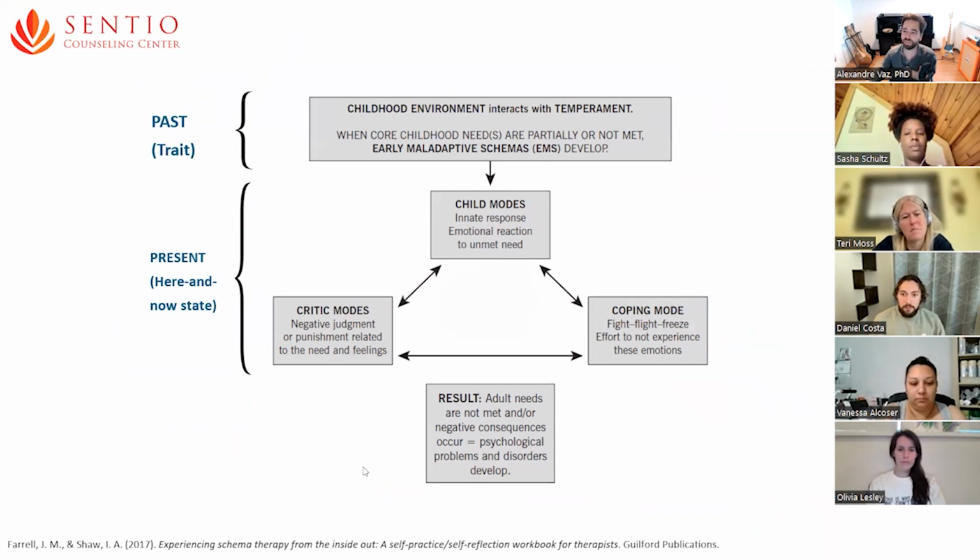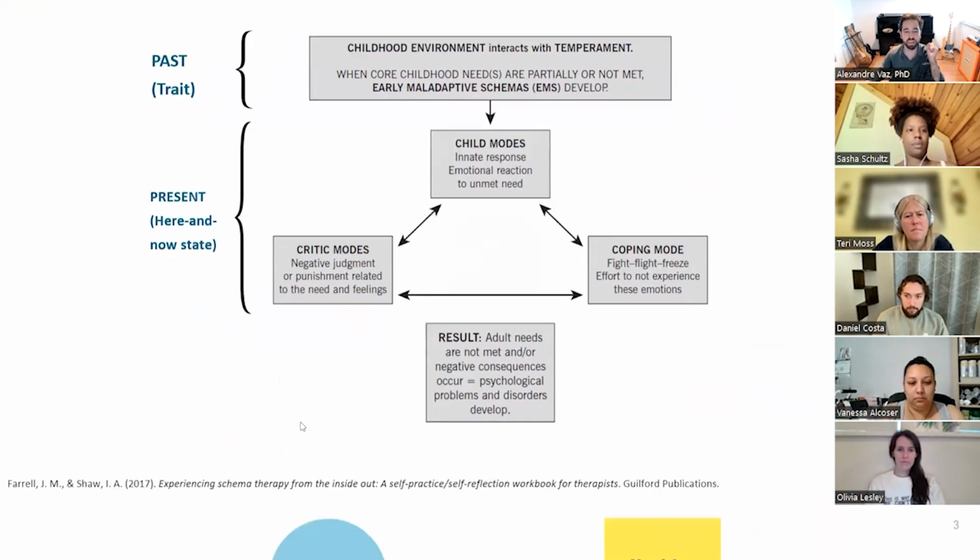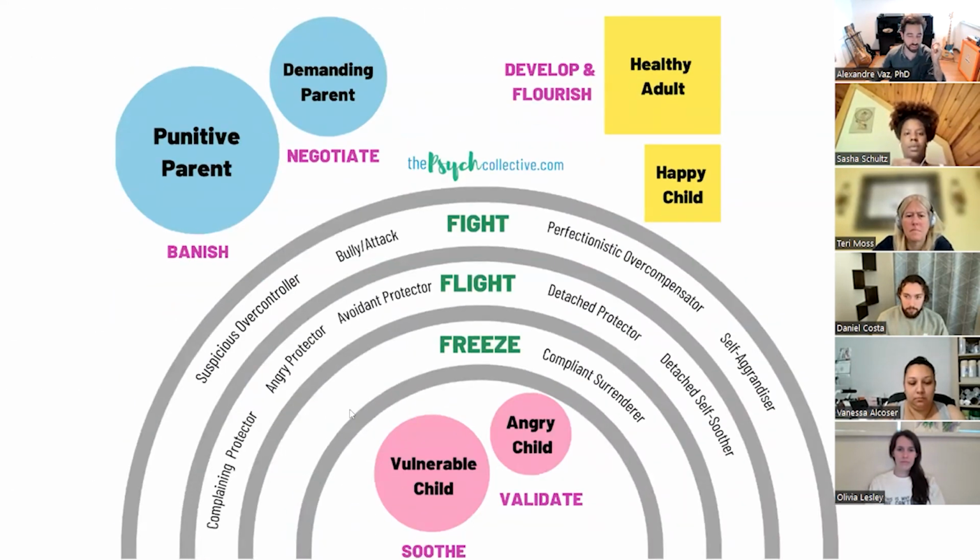It's a self-therapy schema therapy book where therapists can use schema therapy on themselves. It's a really nice book. If you want to learn more about it, send me an email. I'm happy to send you some stuff around it. And this particular map I adapted from that book. Joan Farrell was also the lead author in the book that Tony and I co-wrote with her on deliberate practice for schema therapy. So we're all in good company here.